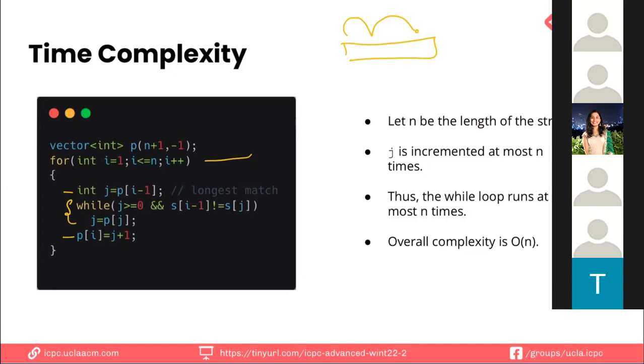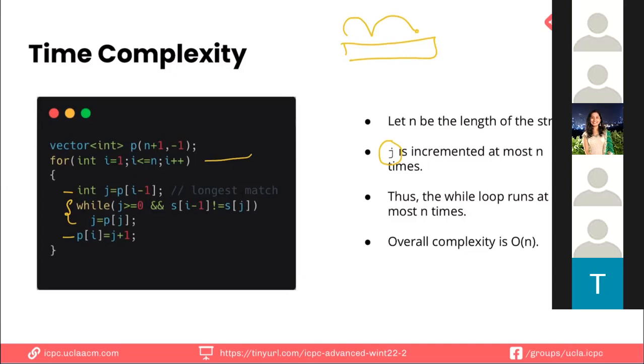The key observation here is analyzing this value of J, all right? Note that J is somewhat like a counter that keeps track of longest matching prefix so far, kinda, all right? We set J to something, right? So J is initially set to something.